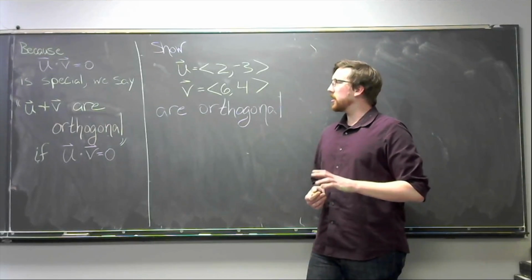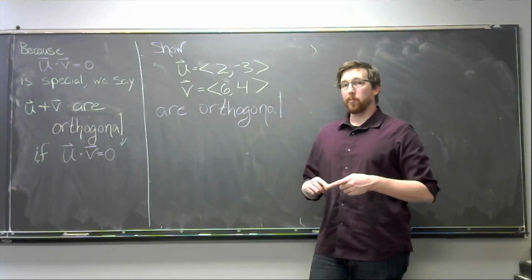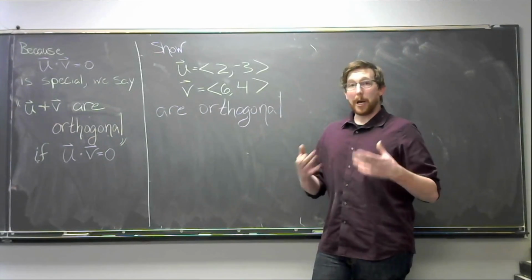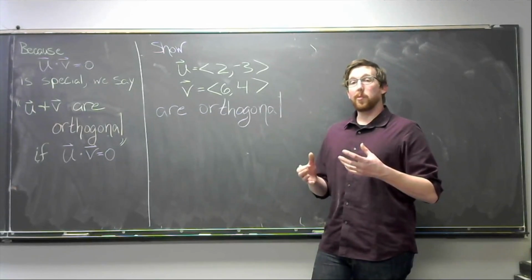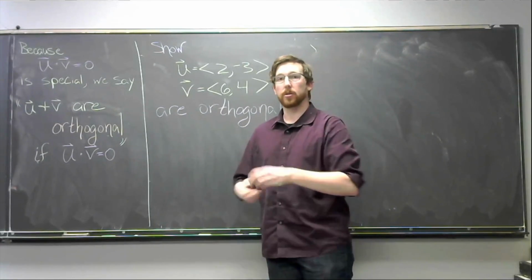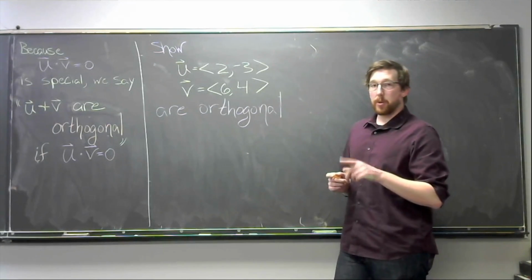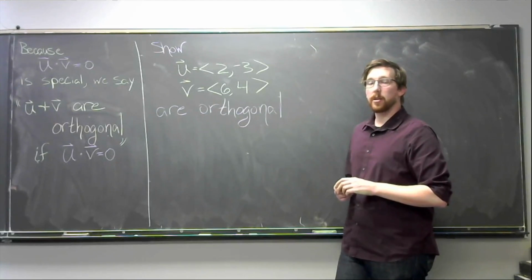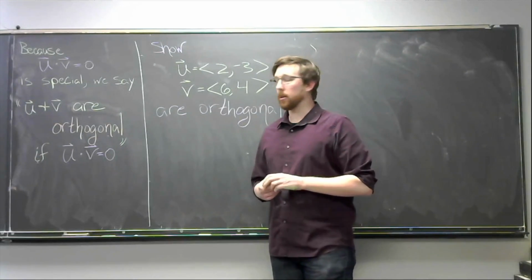Now, I just said a second ago that two vectors with a dot product equal to 0 form a right angle to each other. Well, because this is a very special property, when this occurs, we give another designation to these pairs of vectors. What I mean to say is, if the dot product between u and v is equal to 0, then we say u and v are orthogonal to each other.